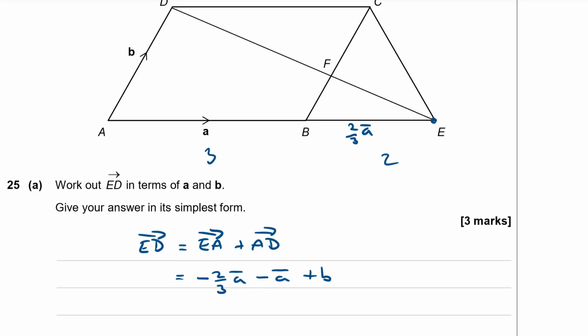I've got minus 2/3 and another minus 1, so that makes minus 5/3 altogether. So it's going to be B minus 5/3 of A.